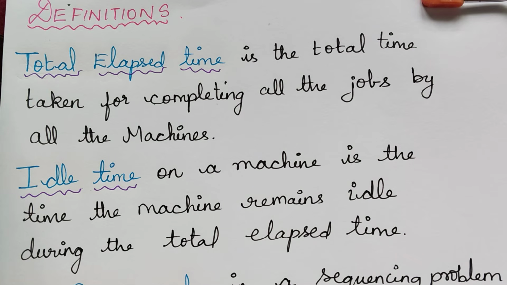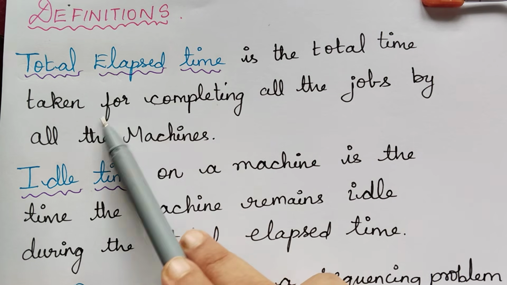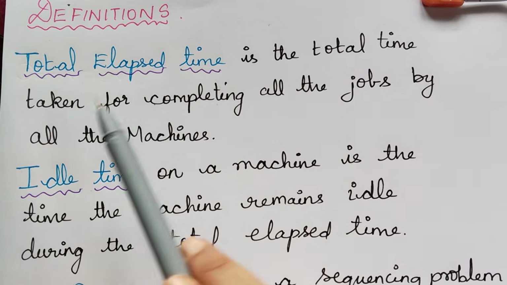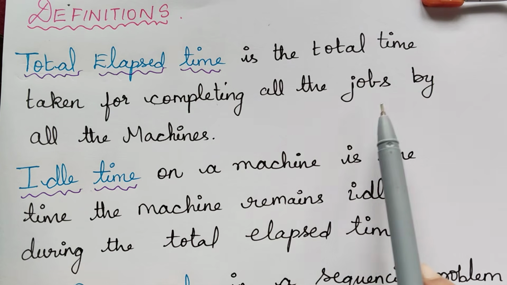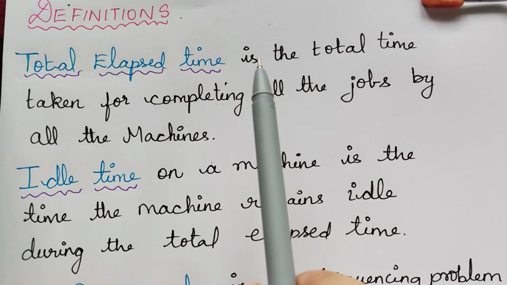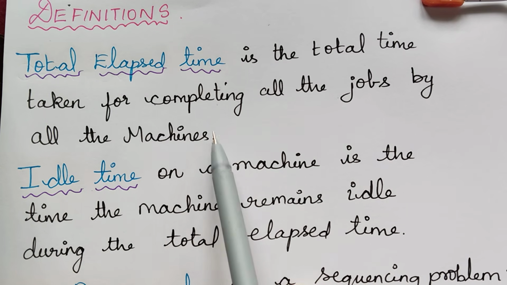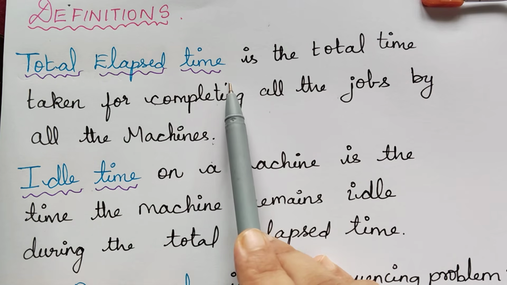Here we have some important definitions under this topic. Total elapsed time is the time taken for completing all the jobs by all the machines.